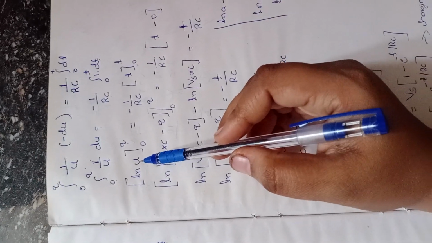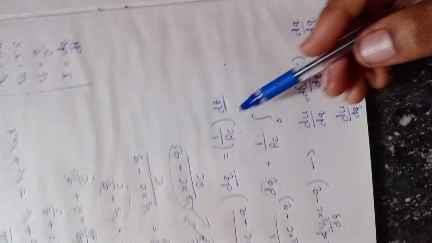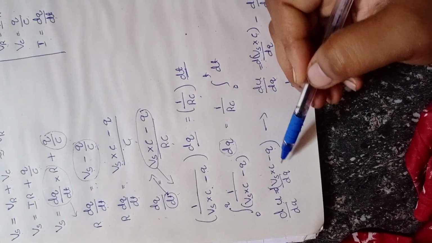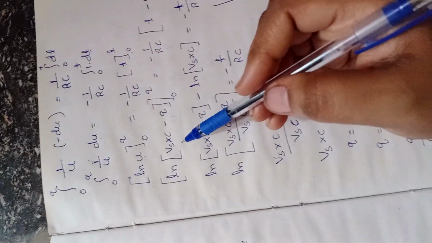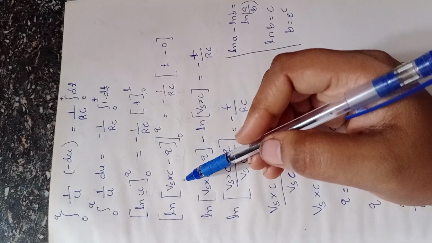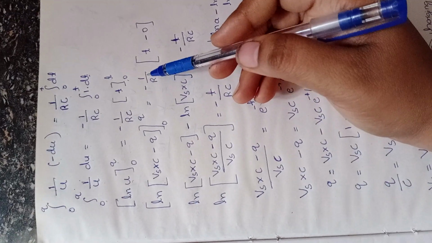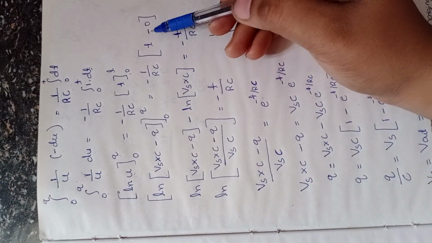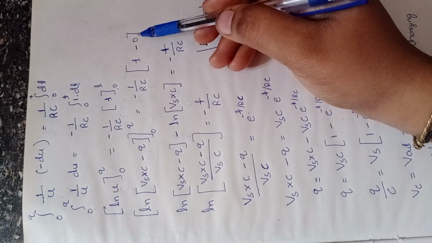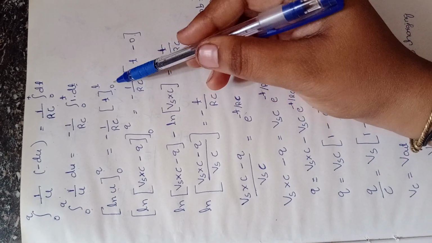So I am replacing the u value here. u is nothing but Vs into C minus Q. I am replacing the u value, with minus 1 by RC, upper limit minus lower limit. So I am applying upper limit minus lower limit.